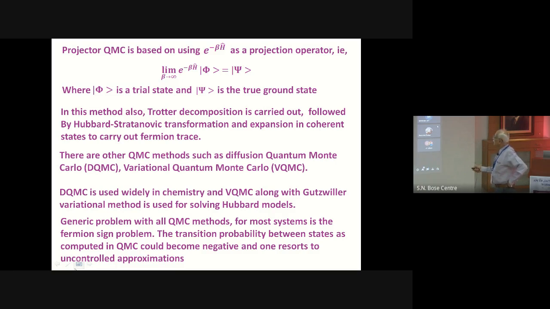Then you also have other methods like the diffusion quantum Monte Carlo methods. So in the diffusion quantum Monte Carlo methods, what you do is from every point in space, you start a random walker, and the random walker can either create more walkers depending upon the potential, or can annihilate itself, and then the number of walkers that end up at a point in space after considerable walk, which is nothing but Monte Carlo sampling.